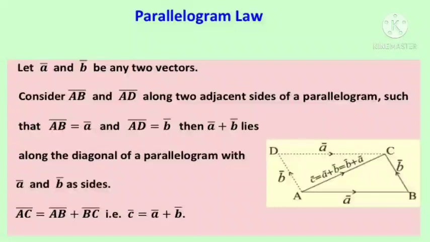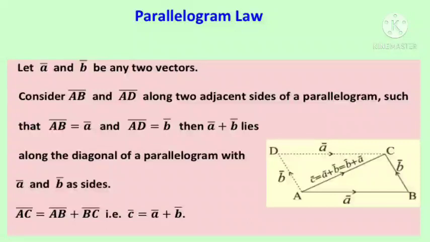Now draw the diagonal AC. Just now you have studied the triangle law. What does it say? The third side of the triangle is the addition of the two sides of the triangle. So AC bar is equal to AB bar plus BC bar, that is a bar plus b bar. So what does the parallelogram law tell you?